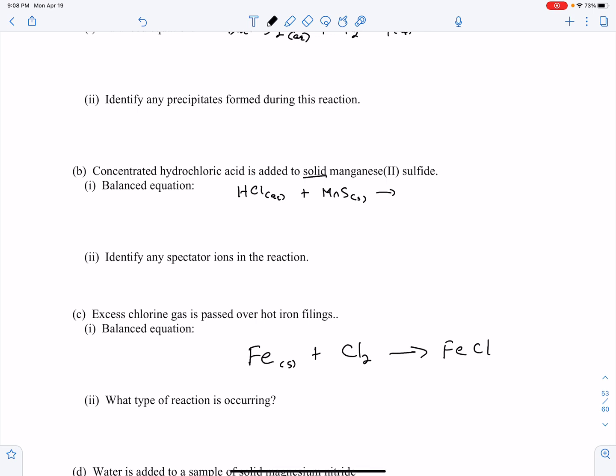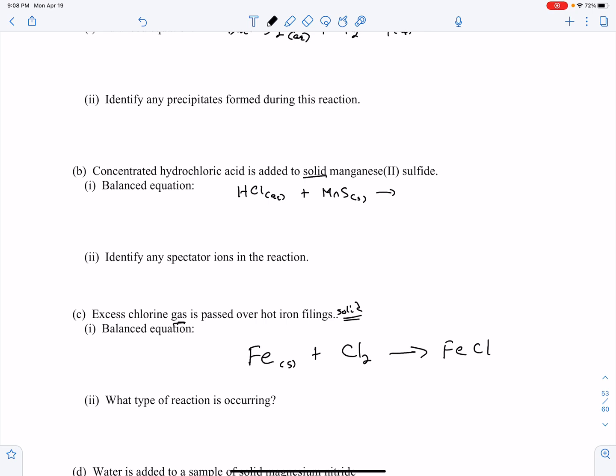Now, a lot of people want to break this apart because they say, well, this is soluble because it's a halide. Yeah, I get that, but the problem is chlorine gas, hot iron filings, solid. There is no water for the iron chloride to dissolve in. So please do not make that soluble. It is not a set of ions.